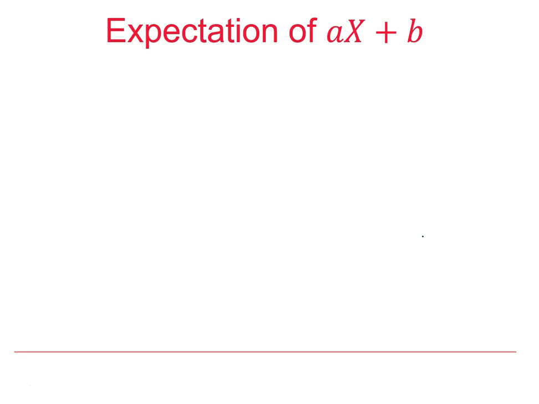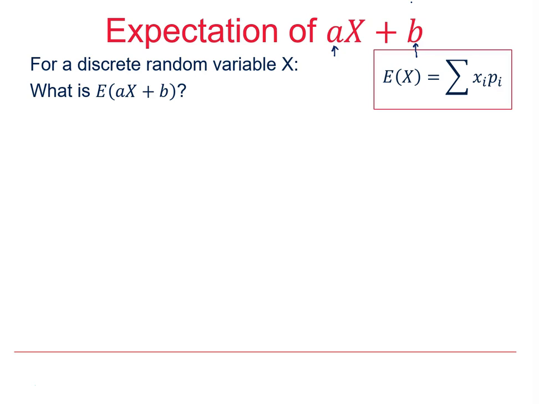Now let's look at ax plus b, where a and b are constants. One of them is multiplying our random variable x, and one of them, which might be positive or negative, is being added on. What is the expectation of ax plus b?